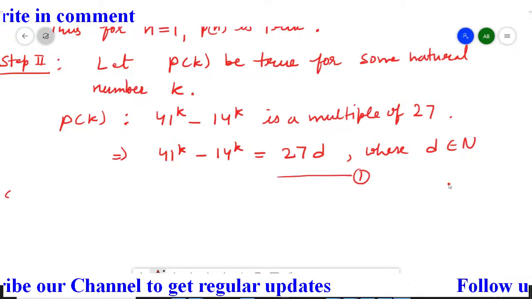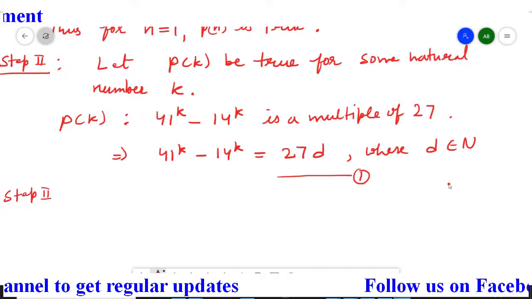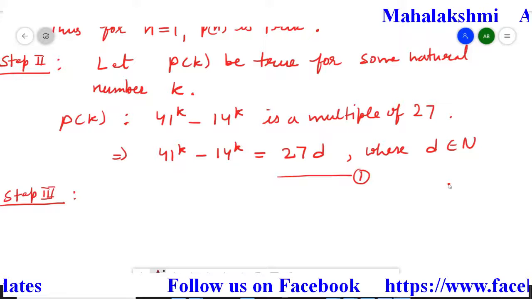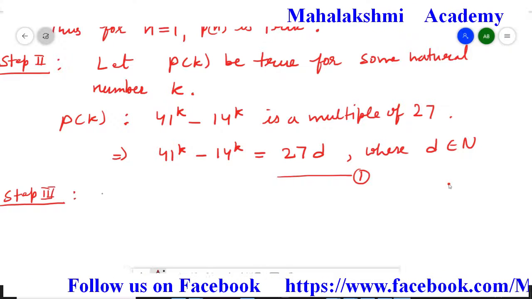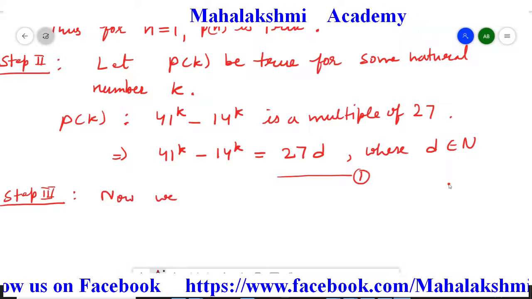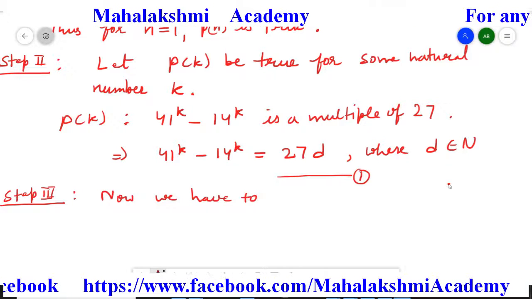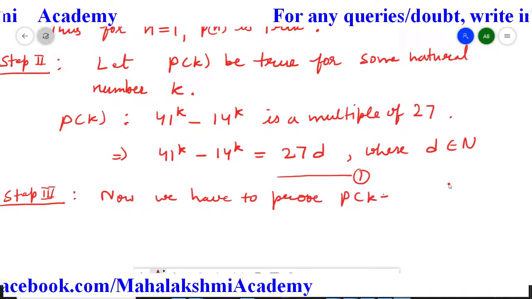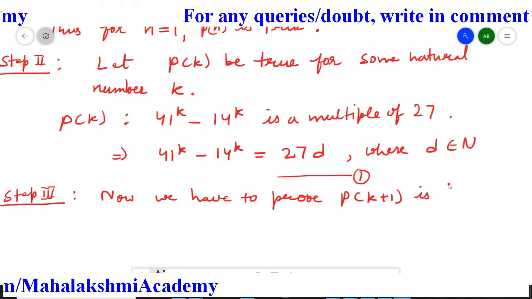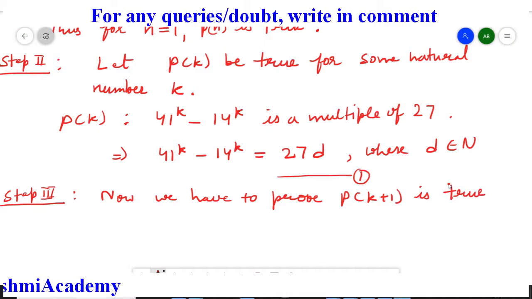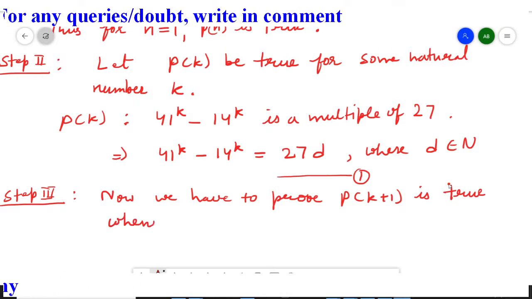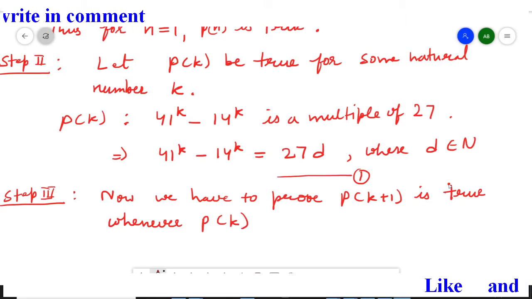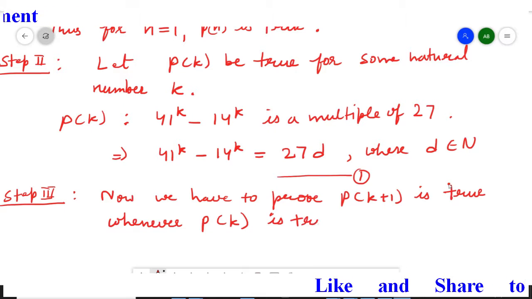Now we'll move to the third step of mathematical induction. In the third step we have to prove that Pk plus 1 is true when Pk is true. So we'll write here: now we have to prove statement Pk plus 1 is true whenever Pk is true.